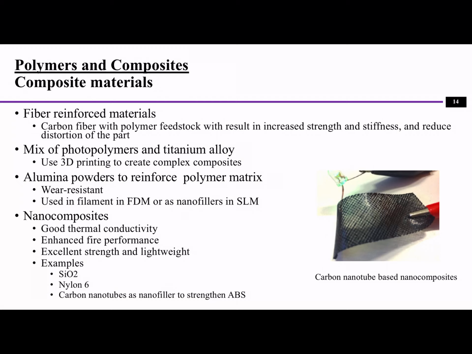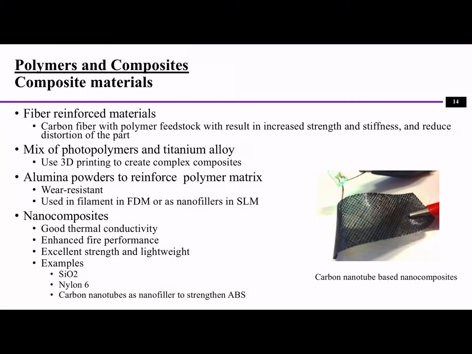And polymers can also be mixed with titanium alloys. Usually that's the photopolymers, and we can create some very complex composites as well. And also they can be mixed with ceramics like alumina powders, right, to create a polymer matrix. The properties of those products will show better wear resistance, and also it can create some filaments with nanofillers in it.